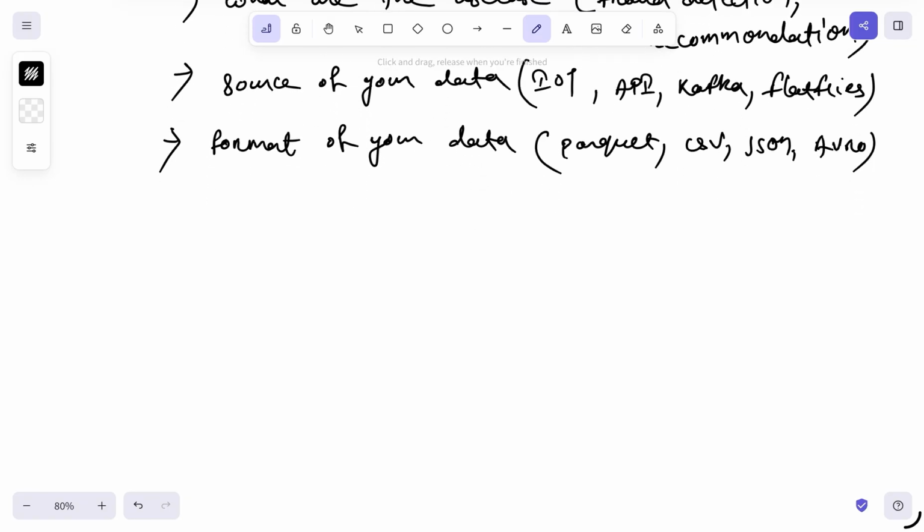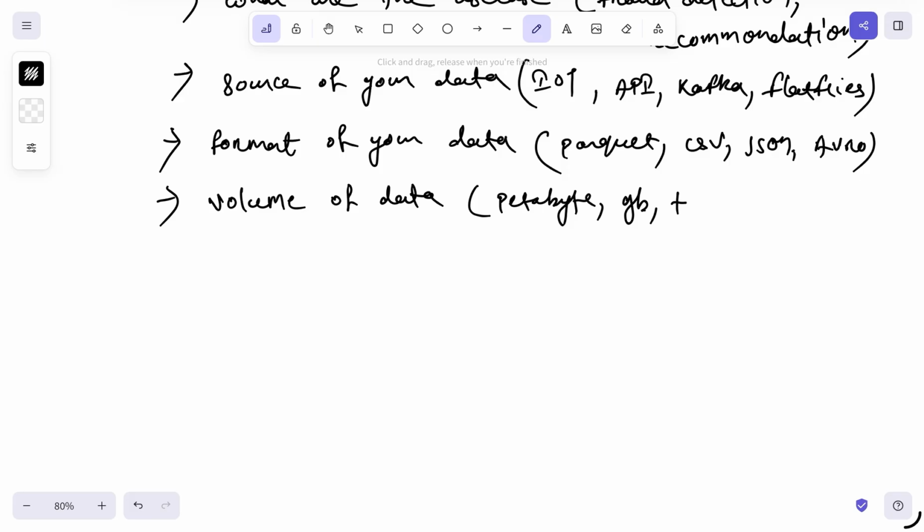Something like this. And the next one is the volume of your data. What is the volume of data you have to receive each time? Whether it is petabytes, or gigabytes, or terabytes of data.